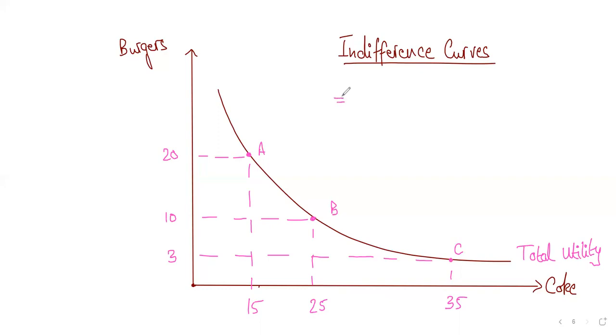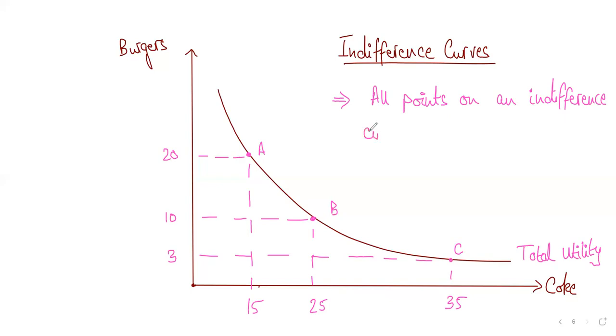So all points along the same indifference curve, all points on an indifference curve give consumers the same level of utility, right?